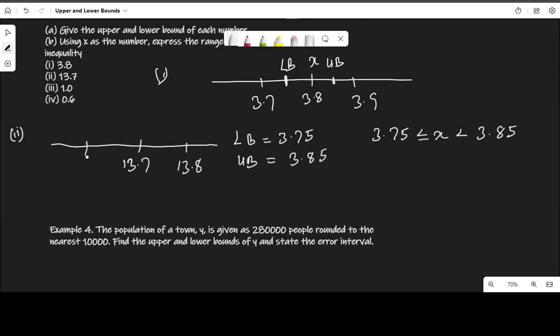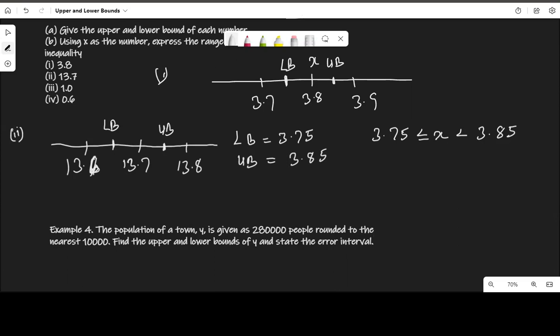Then before 13.7, there should be 13.6. So the lower bound is a number that lies between 13.6 and 13.7. This is the lower bound there. The upper bound is the number that lies between 13.7 and 13.8. I call it UB, upper bound.